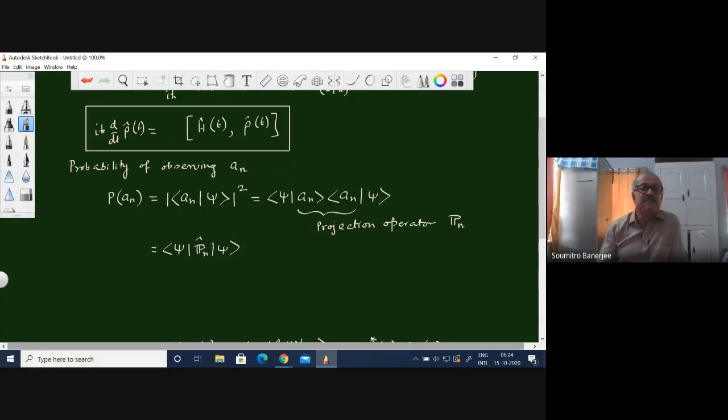Just replace it. You can see that this is nothing but the expectation value of Pn. Psi bracketing the operator is the expectation value of the operator.